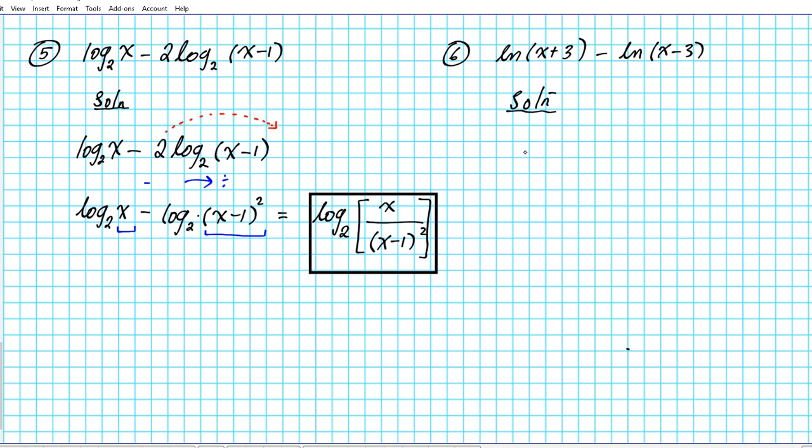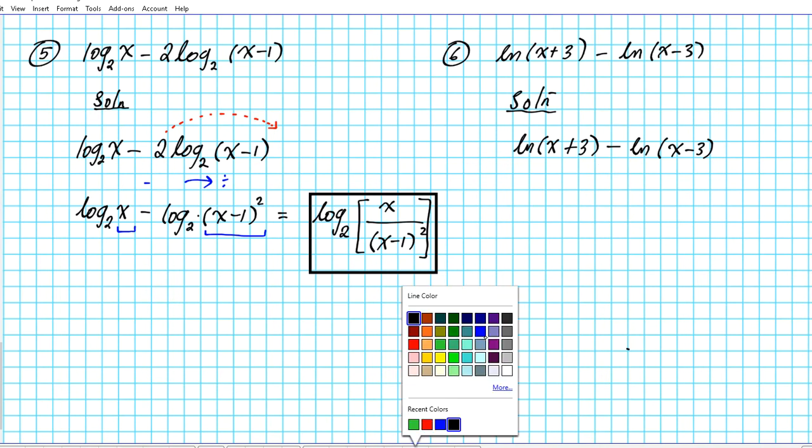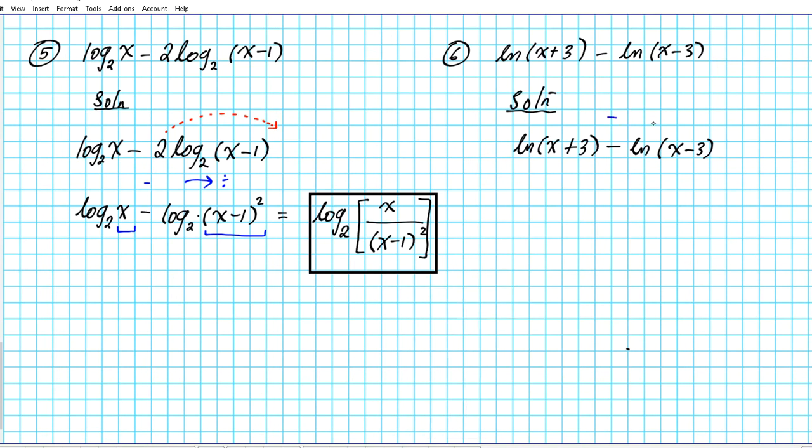We have the natural logarithm of x plus 3 minus the natural logarithm of x minus 3. So we're going to use the quotient property again. Remember that when you have a difference of logarithms, you can express that difference as a quotient. So minus becomes the quotient or division of the logarithmic arguments.